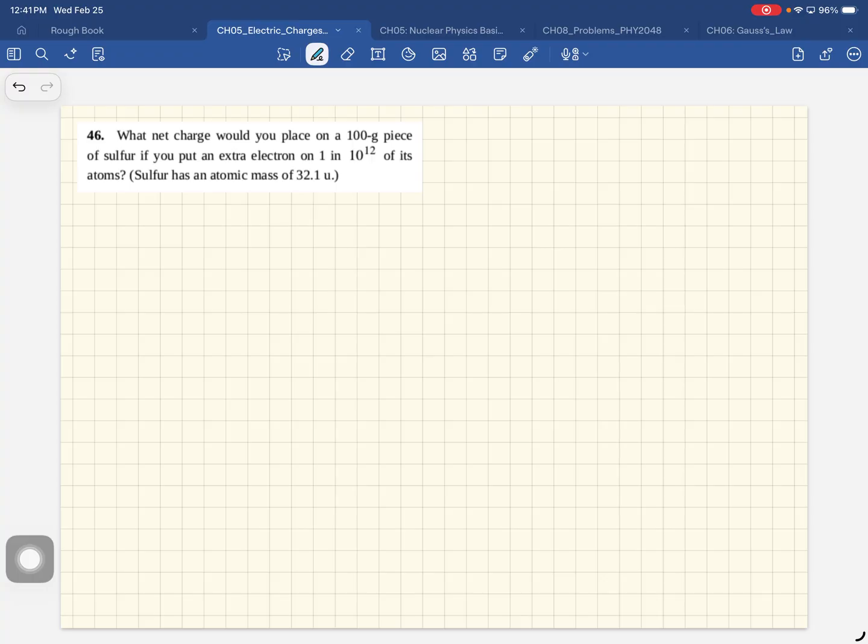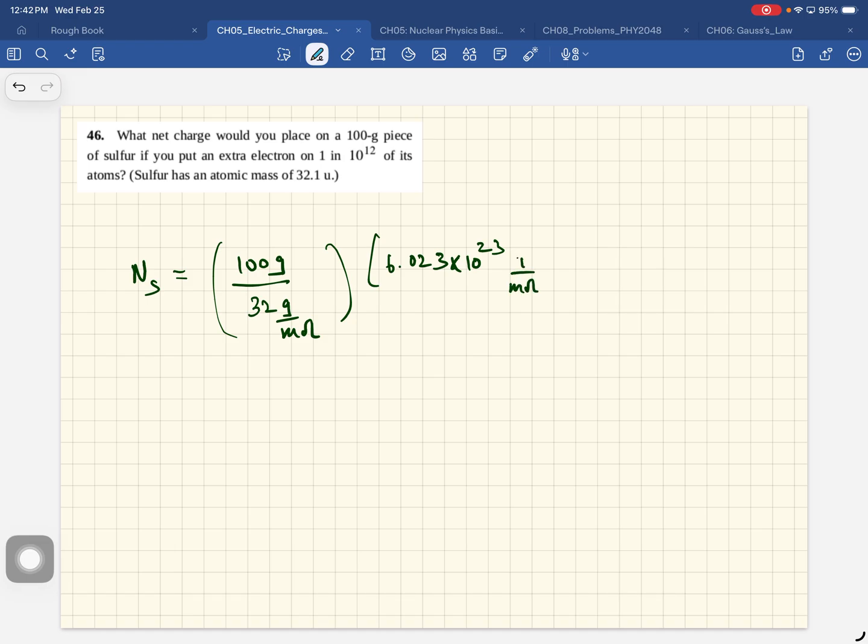So the number of sulfur atoms is 100 grams divided by 32 grams per mole, and then times 6.023 times 10 to the 23 atoms per mole.